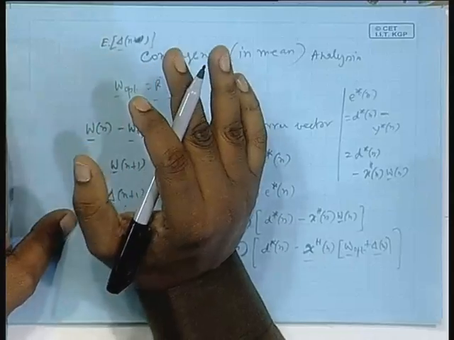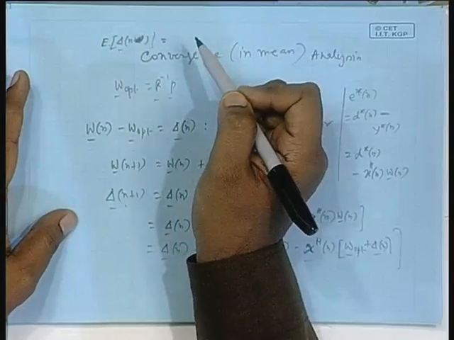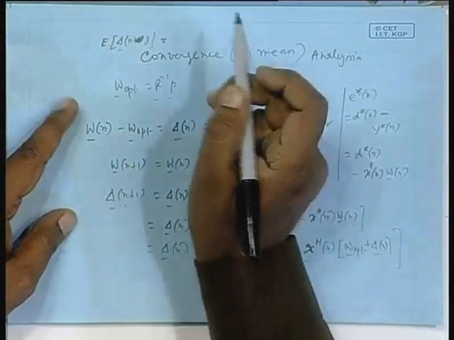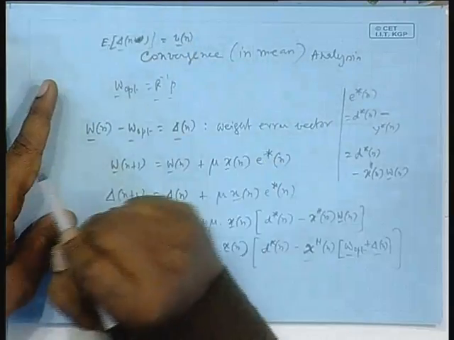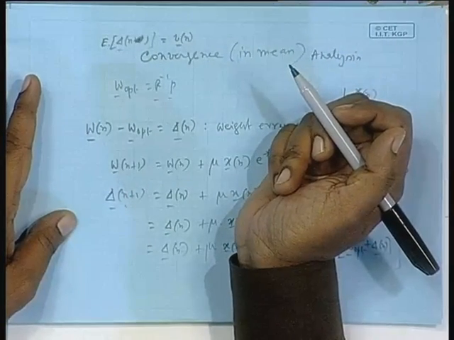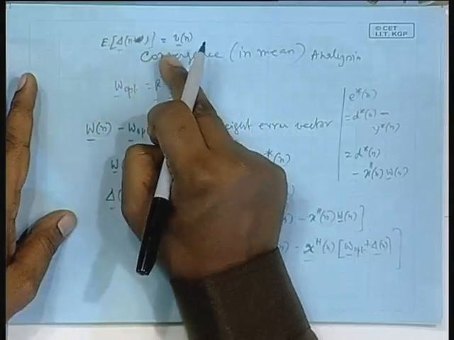So, there is delta n fluctuating around something. If that something is 0, that means W n is fluctuating around W opt. So, suppose E of delta n, we say it is V n. So, V n is not random. After you apply the expectation operator, randomness goes.